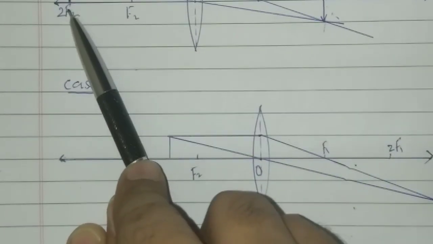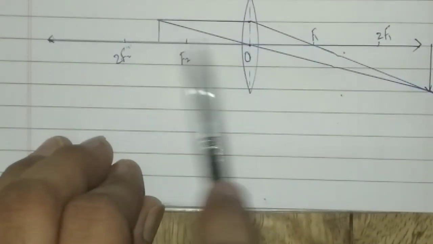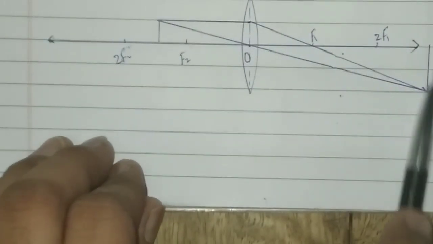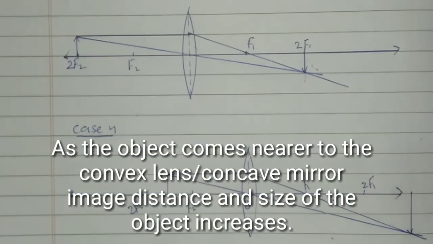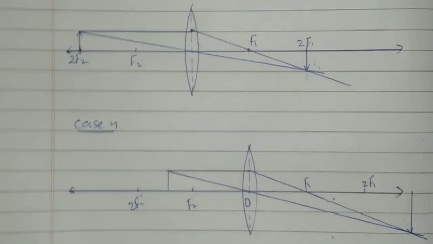Now when it is at F2, image formed at 2F1, and when it comes between C and F2, the image formed beyond C2. So we conclude that as the object comes nearer to the lens, the image goes away from it and its size gradually increases.